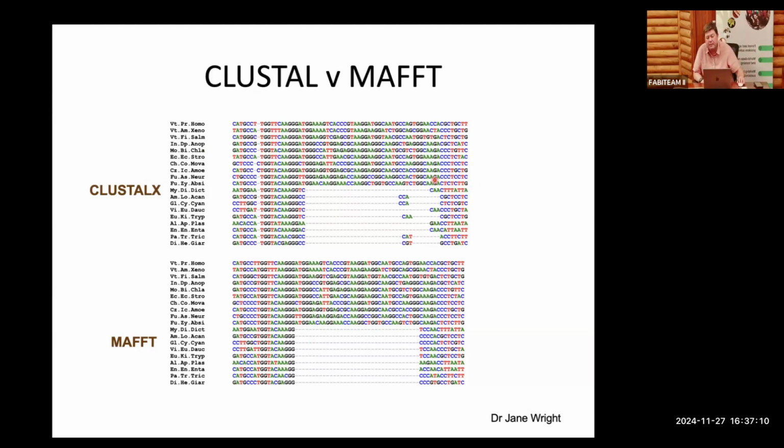So Clustal, in the first steps, aligned the two sequences, and this was the result, and it stayed like that. In MAFFT, it might have aligned it and got to this result, but through iteration, it optimized the alignment so that we only have one big indel here instead of these different indels.